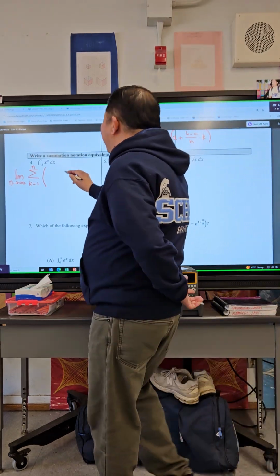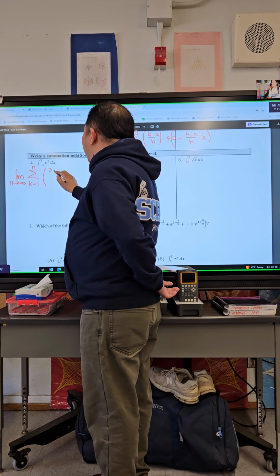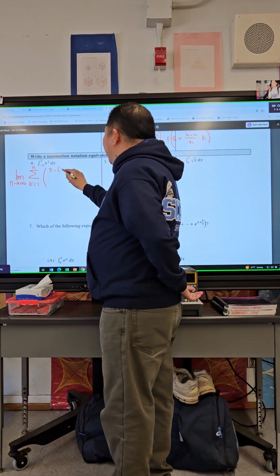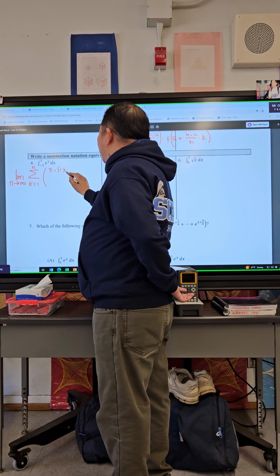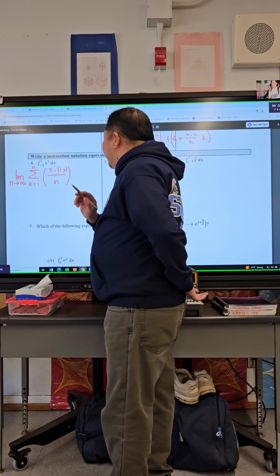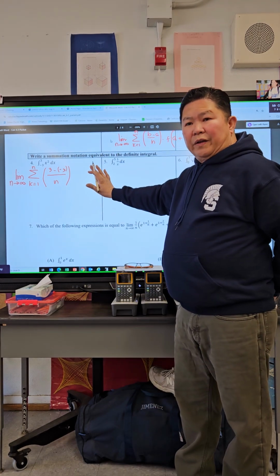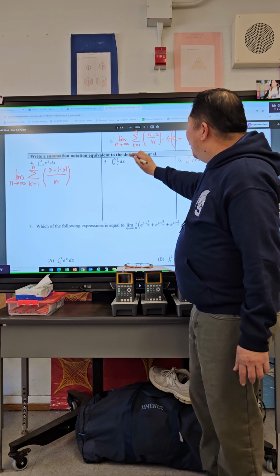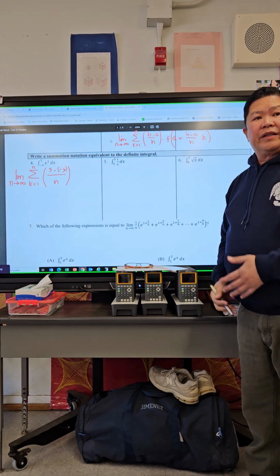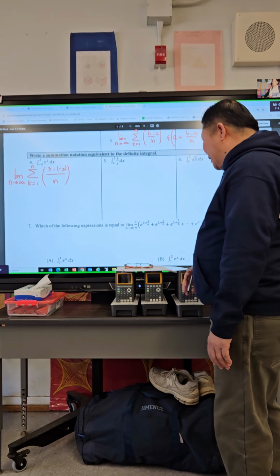Okay, we say 3 minus, what is our lower limit? Negative 3. Negative 3 over n. Now, before I continue, is this clear? Yes. So we're done with this, right? B minus a over n. And what's next? Times f of x.